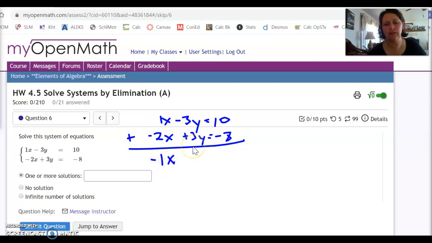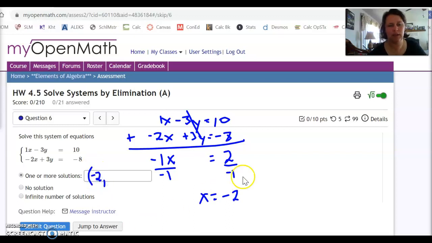Then add down your y's. Those are going to cancel. And then that equals 2, so 10 plus negative 8 is 2. Then we're going to divide both sides by negative 1. So we get x equals negative 2, and so we've got half of our solution.